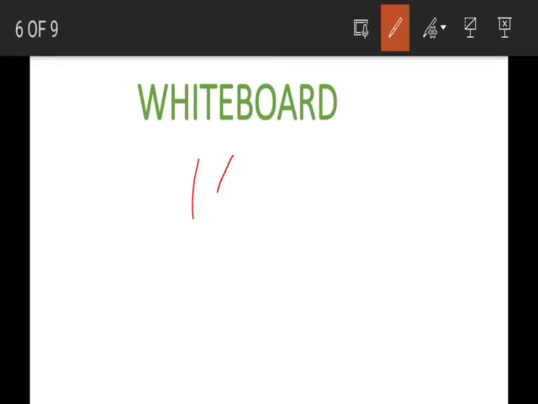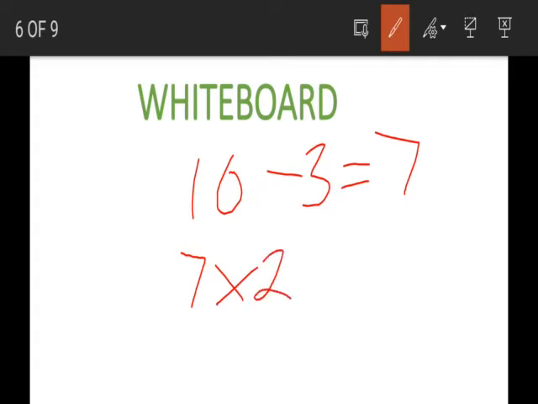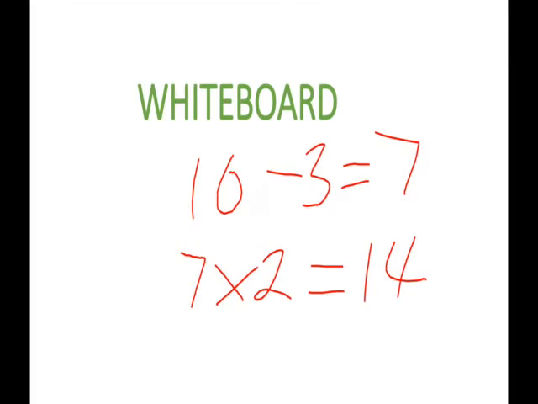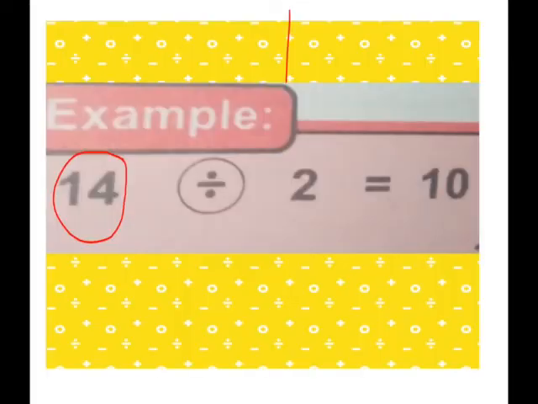That is 10 minus 3. That will give us 7. Then the next step, 7 times 2 will give us 14. So that was how the 14 was gotten.